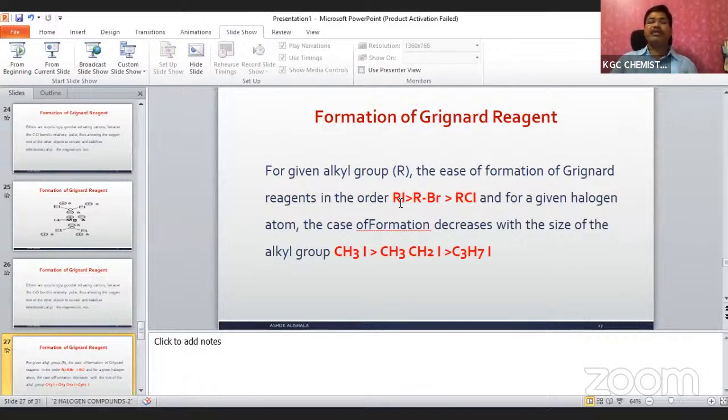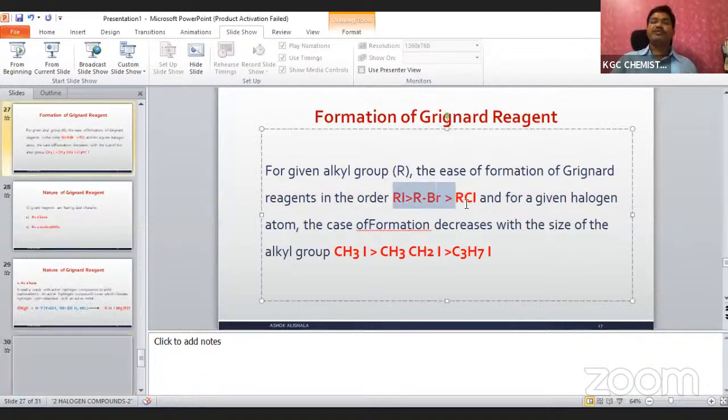Among these three, methyl iodide reacts very easily when compared to methyl bromide, and methyl bromide when compared to methyl chloride. Follow this point; it is important from the entrance exam point of view. When magnesium is treated with different alkyl halides, the alkyl iodides are more reactive than the alkyl bromides.